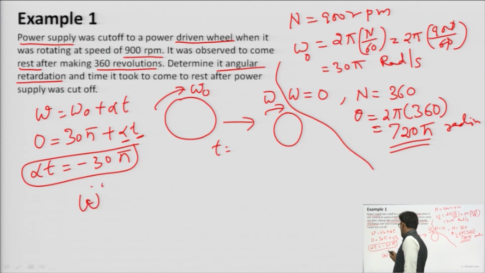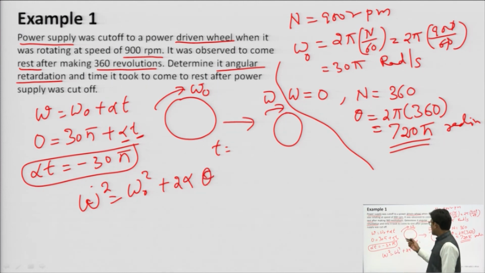Omega square is equal to omega naught square plus 2 alpha into theta. From here we can calculate the value of alpha.